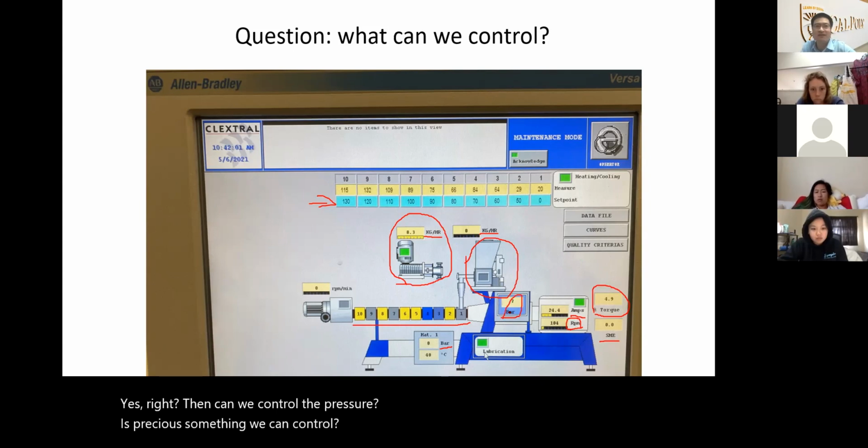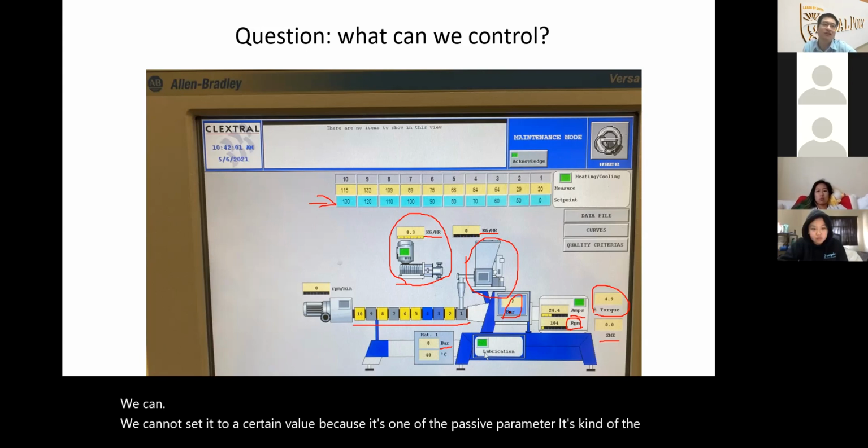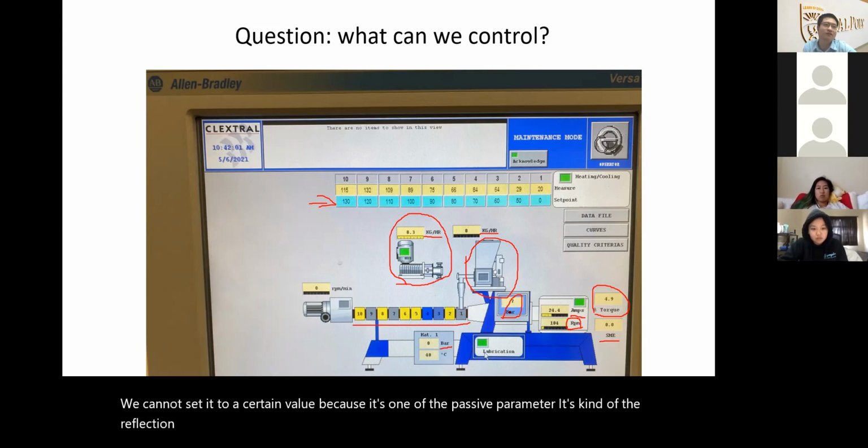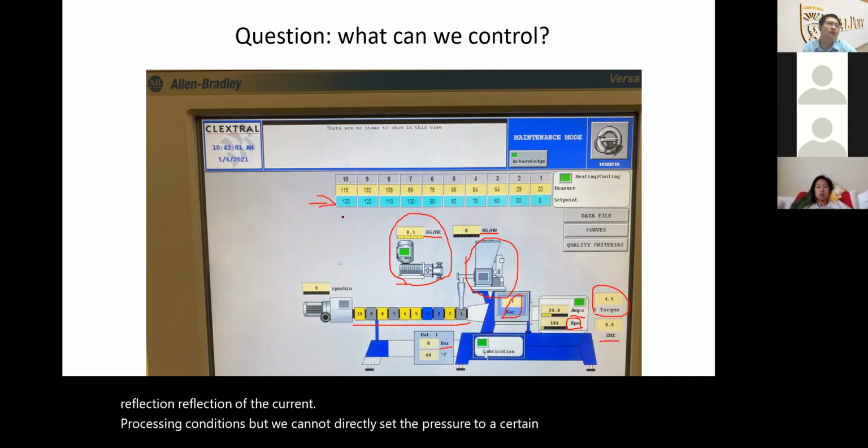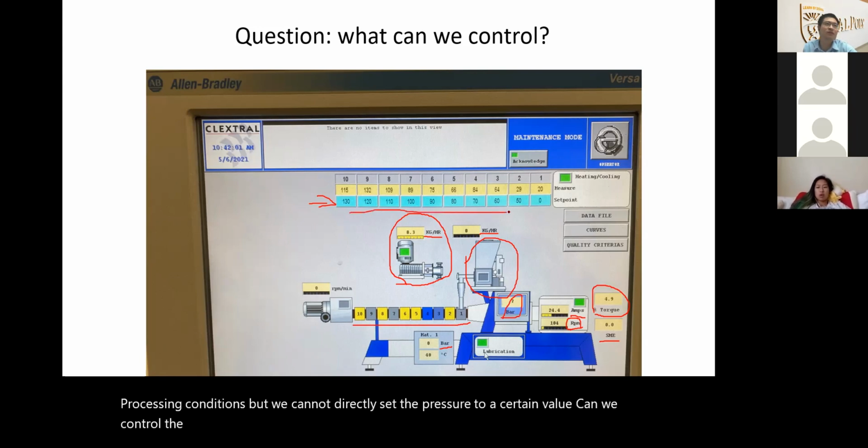Actually, for pressure, we cannot set it to a certain value because it's one of the passive parameters. It's a reflection of the current processing conditions, but we cannot directly set the pressure to a certain value. Can we control the barrel temperature?